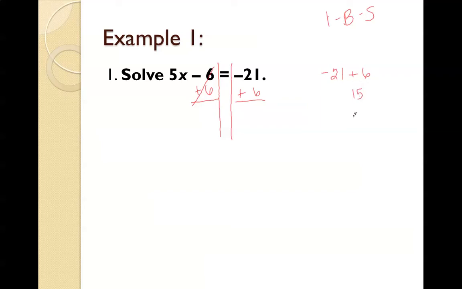Now I'm not done because I got to take the sign of the largest number. The larger number is 21 and its sign is a negative. So this means that this answer is going to be negative. So this gives me a negative 15 on the right hand side. The equal sign just falls down and this 6 is out of the way. So now I just have 5x.